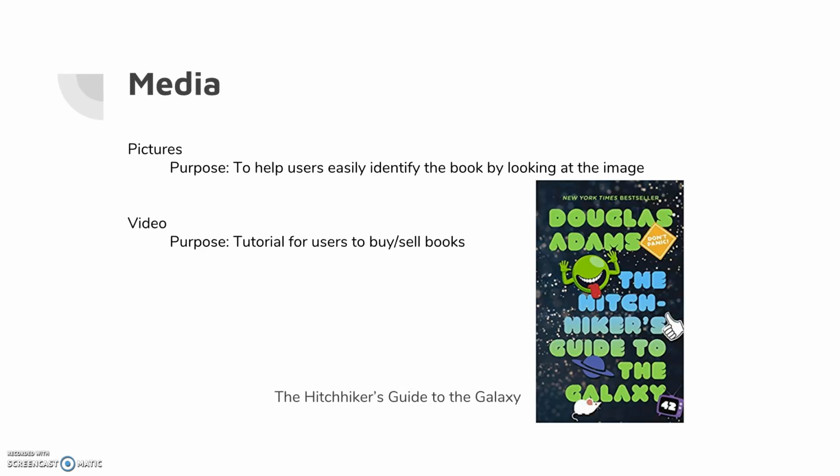So for the media, there will be pictures to help users easily identify the book that they're looking for, and there will also be video for a tutorial for users to buy and sell books.